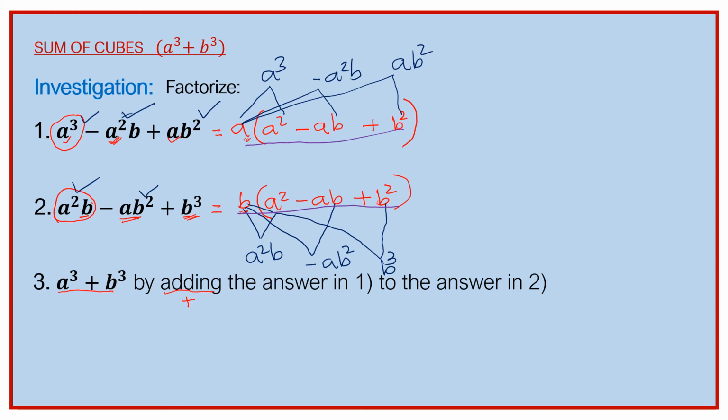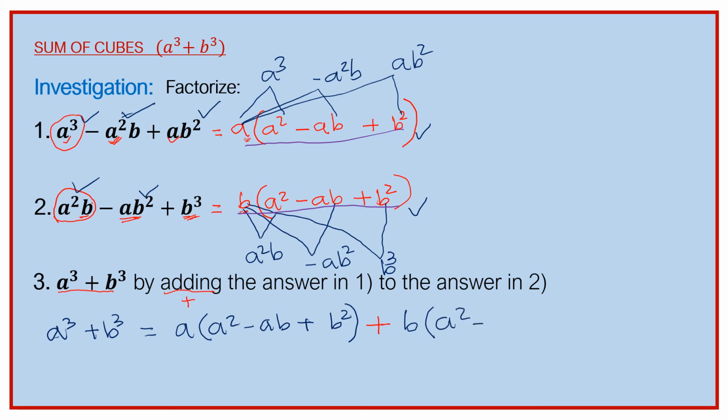So in that case, we will say that a cubed plus b cubed is equal to answer in 1, that is a into a squared minus ab plus b squared, plus answer in 2, which is b into a squared minus ab plus b squared.